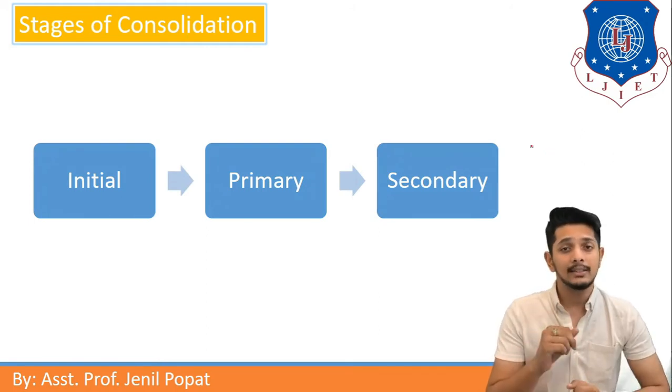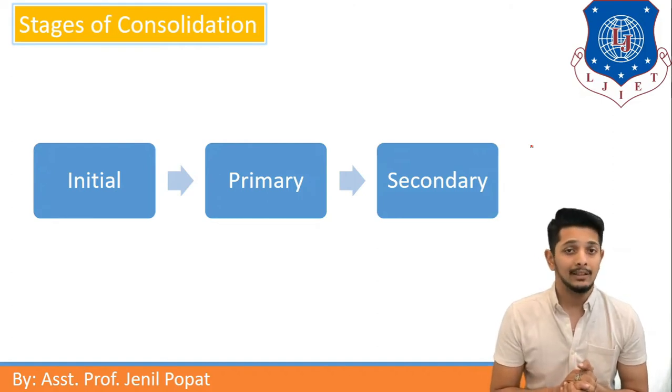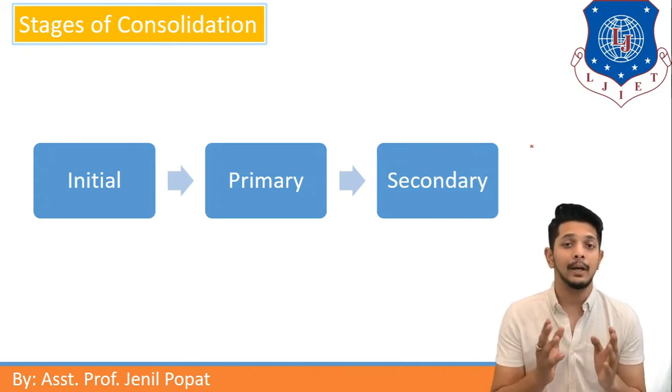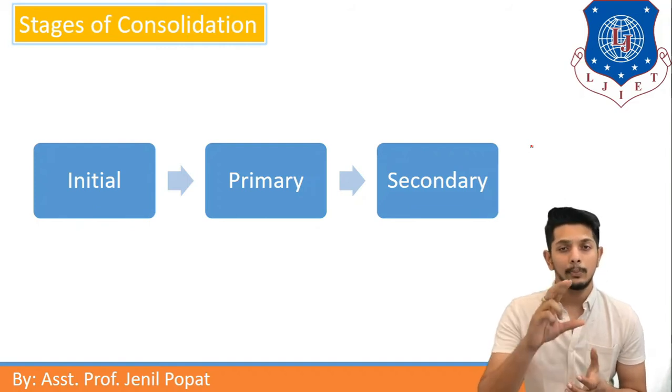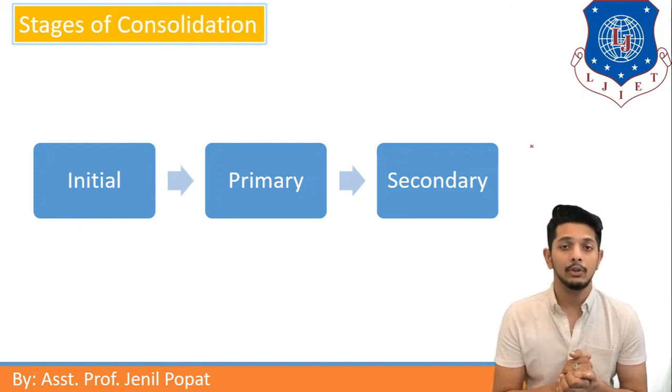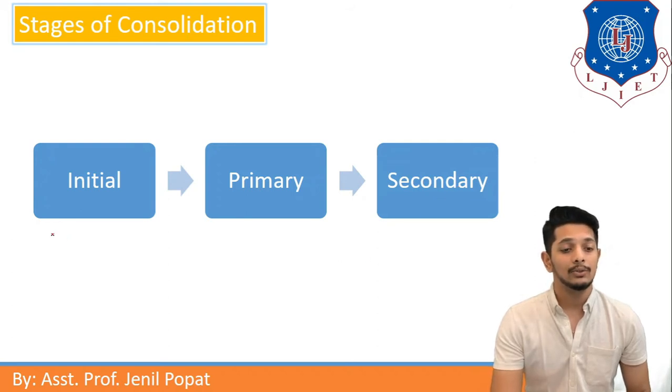When partially saturated soil mass gets under external loading, it gets compressed and a decrease in volume is seen due to expulsion of air and compression of solid particles. This small decrease in volume of soil mass is known as immediate settlement or initial consolidation. Let us understand primary consolidation.